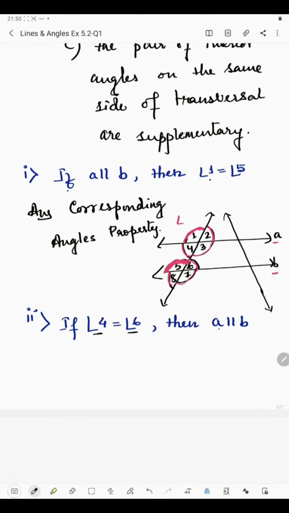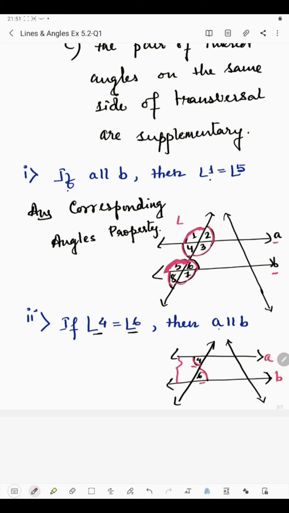Here is angle 4 on the left side, and here is angle 6 on the right-hand side. Alternate means if you take an angle on the left, then the other angle should be on the right. This is alternate interior because both angles are inside, right? So if 4 and 6 are equal, then A is parallel to B.